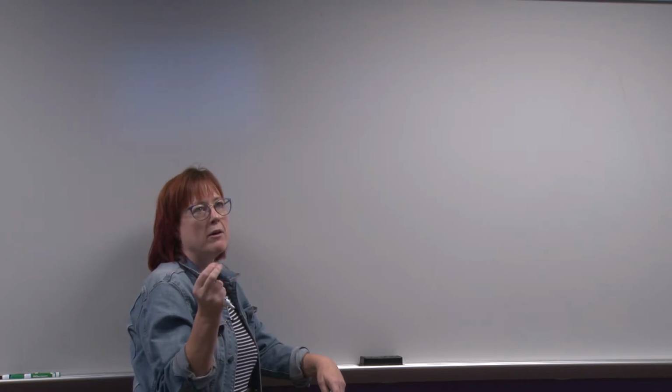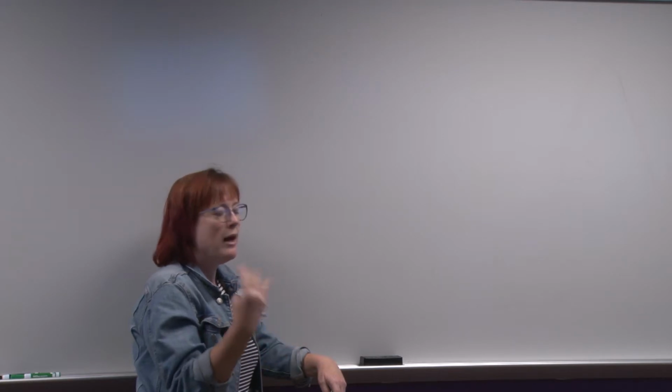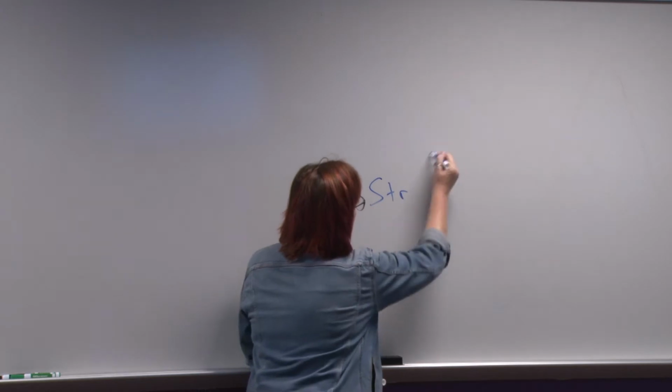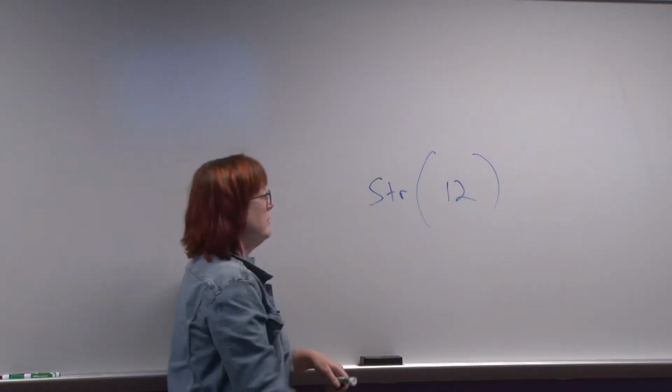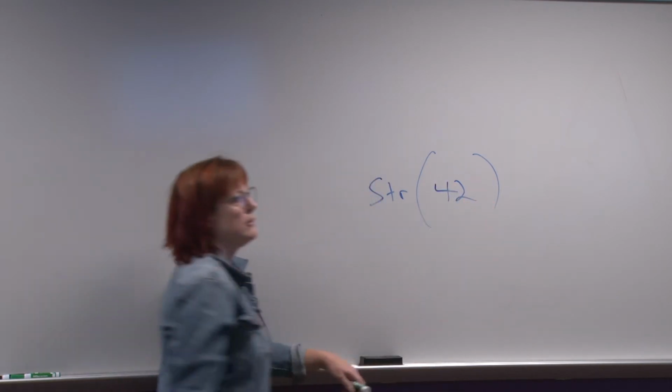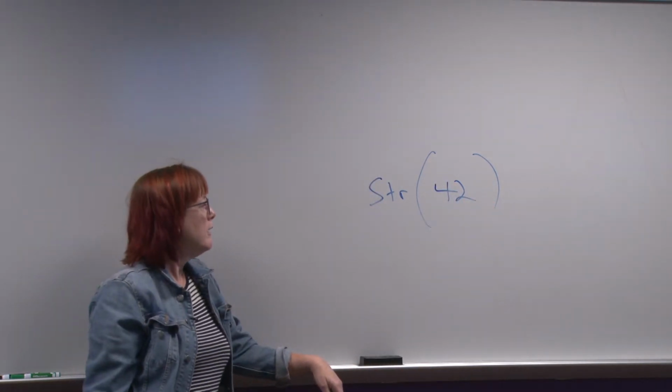So when we are writing to and reading from a file, it's like the keyboard input we've got. Everything comes in as a string, and we need to put it out as a string too. Just like when we are displaying things on the screen, we can convert something to a string using the str command, and then whatever we have in here would be converted to a string. It's got to be 42.